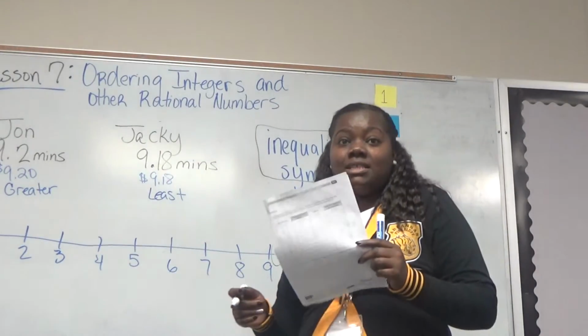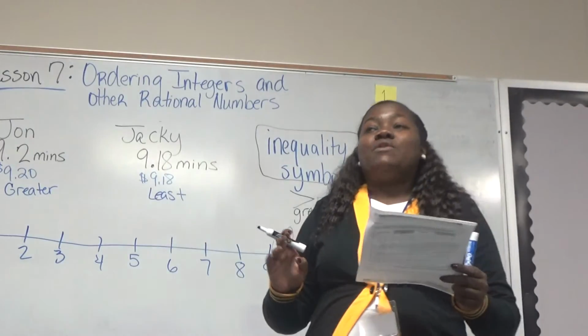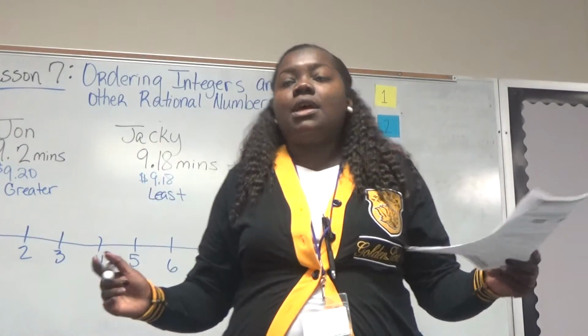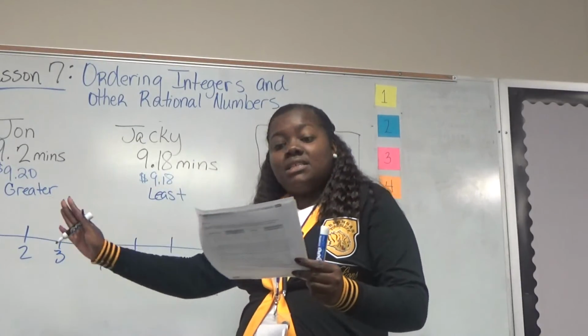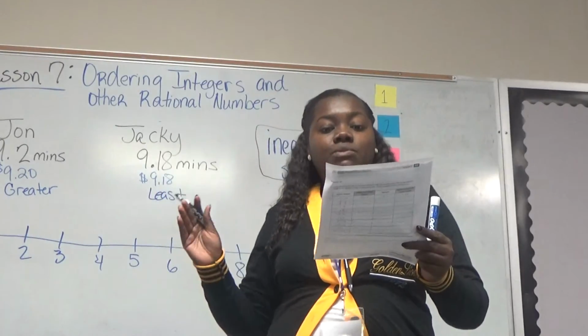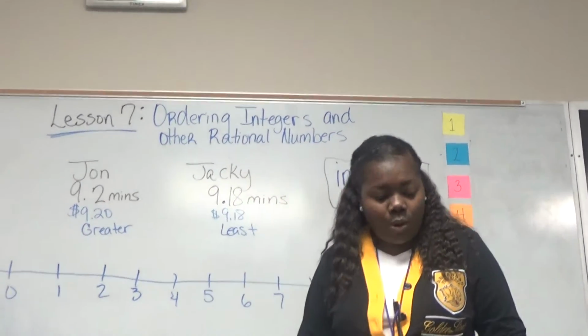So worse means that they're going to be further away from what number? The 0. Which student was further away from the 0 is what you're going to have to answer, but I'm not going to tell you which student it was. So you're going to have to draw your number line. Since it's negative numbers, make sure that you look to see which number is further away from 0, because that'll be the student that did the worst.